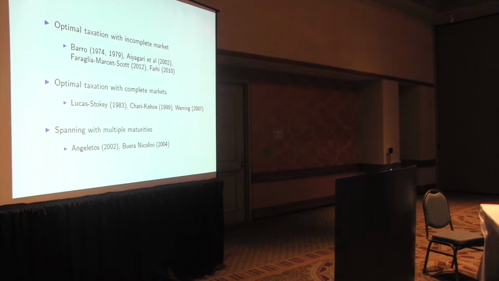Yeah, you would never do that. Exactly, and all those features are going to show up here. It so happens that there's a lot of collinearity across maturities, so the only way you can span anything is by holding super large positions. If you allow the government to do it, it'll do it, but that's not a very robust prediction. So we are going to abstract from that in that sense.